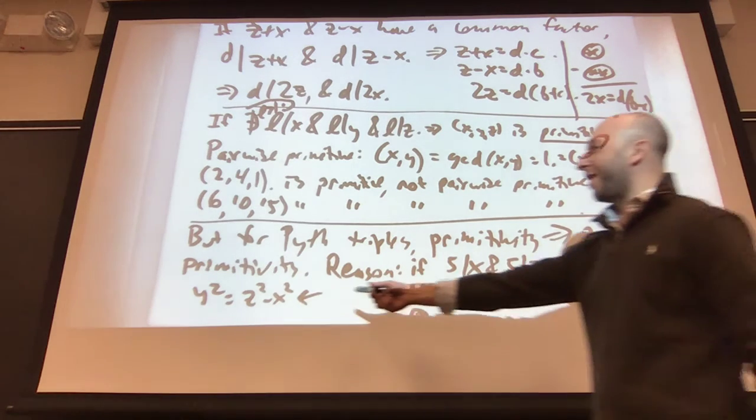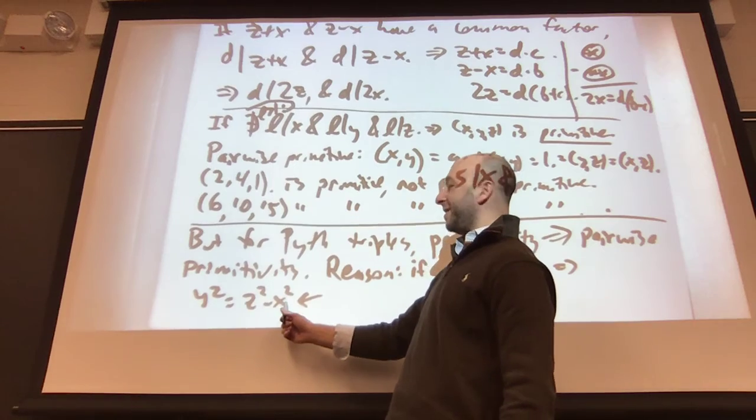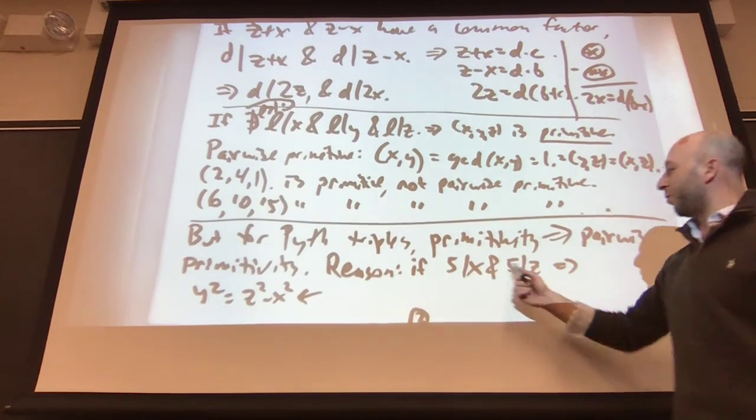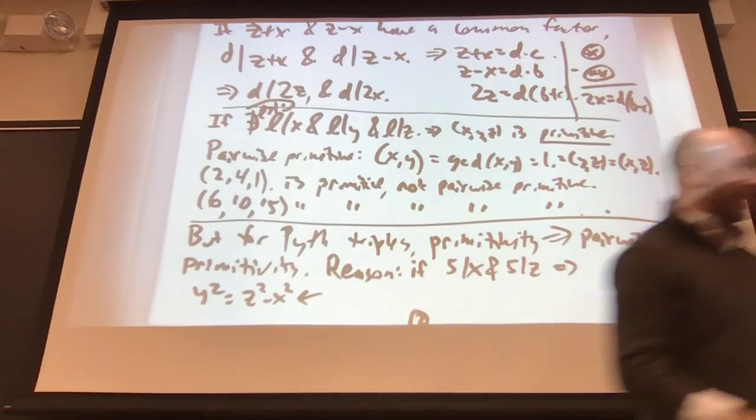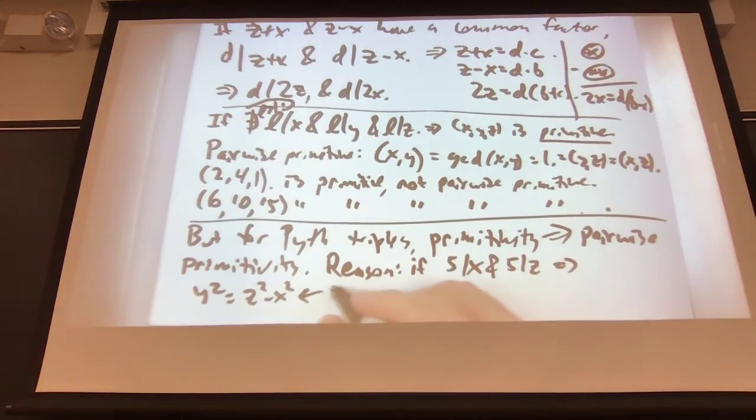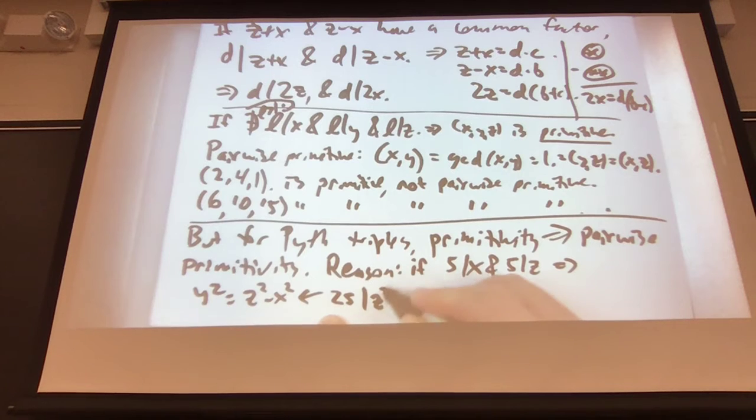Not just 5, but 25. Because x and z were both multiples of 5, this is now a multiple of 25. So 25 divides z squared minus x squared, which means 5 divides y.